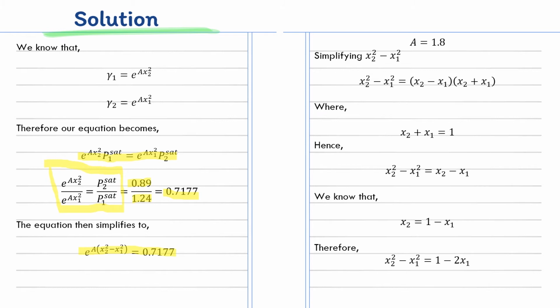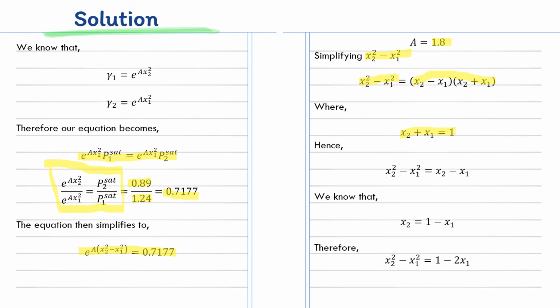We know that the value for A is equal to 1.8 from our given. We could further simplify the expression x sub 2 squared minus x sub 1 squared. We know that we could factor x squared minus y squared in this form: x sub 2 minus x sub 1 times x sub 2 plus x sub 1, where x sub 2 plus x sub 1 is equal to 1, since the only compositions in the liquid phase are species 2 and species 1.